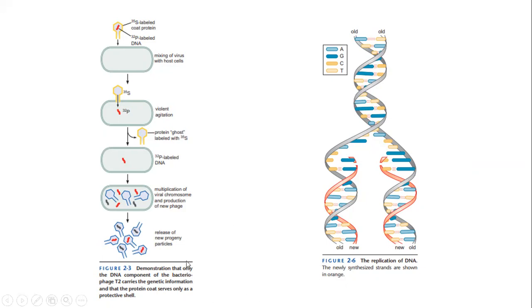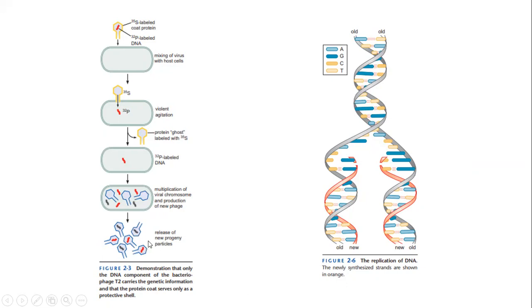phage. After allowing the multiplication, the progenies get released. When this progeny is released, they could notice that some of these progeny bacteriophages possess the P32 labeled parental genome, but some others do not possess the P32 labeled duplicate.